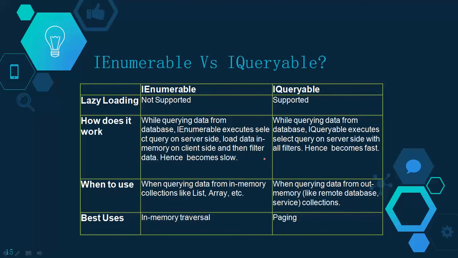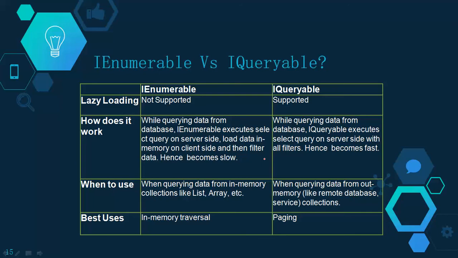Other than that, there are a few differences, like IEnumerable does not support lazy loading. Depending on the situation, when you are querying data from in-memory collections like list and array, you can use IEnumerable.